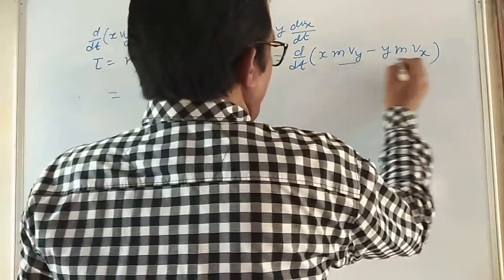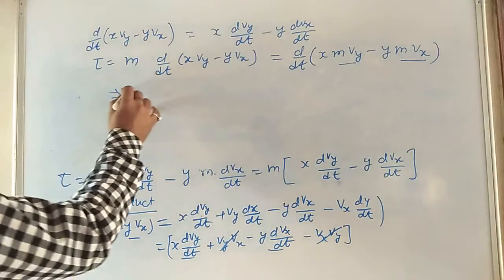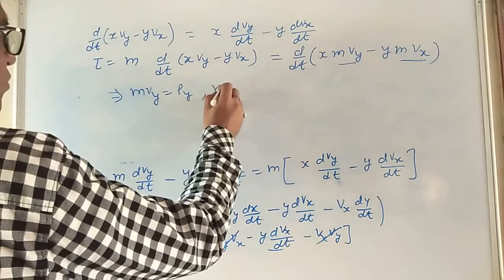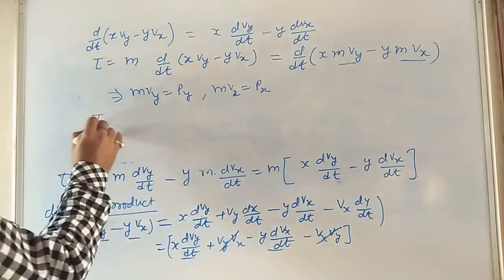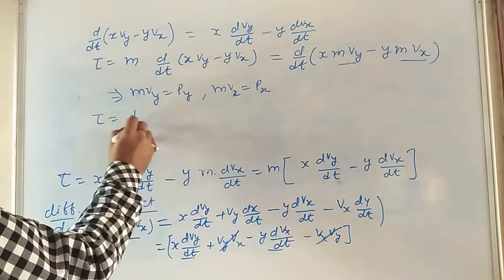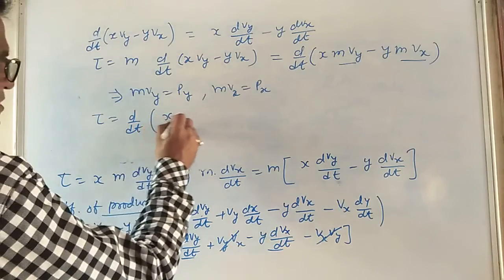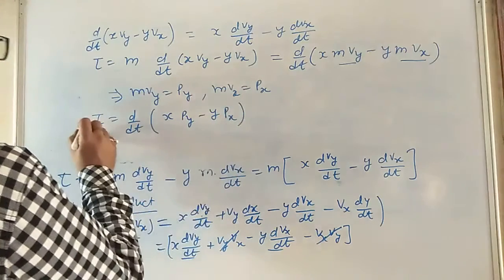What is m vy? What is m vx? m vy is the momentum along the y axis. m vx is the momentum px. The torque comes out to be d by dt of x py minus y px. This is torque.